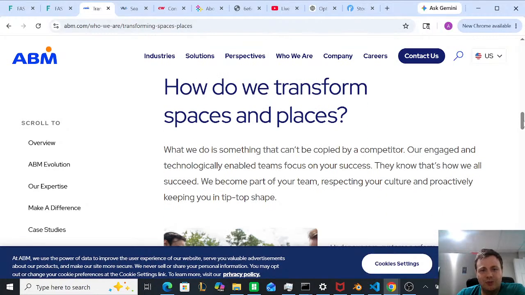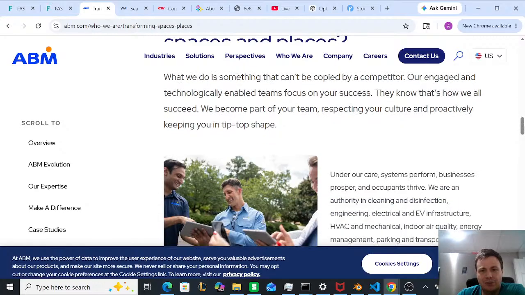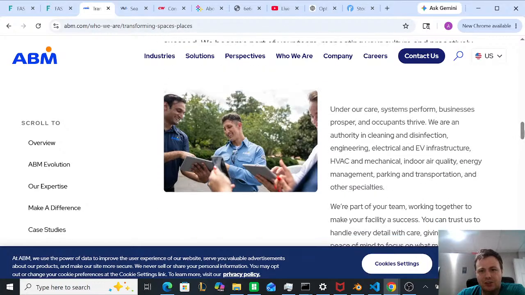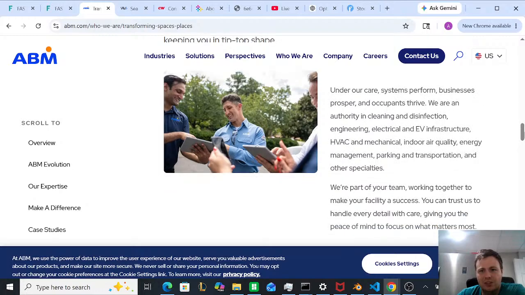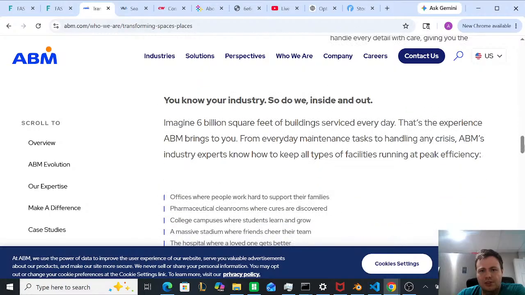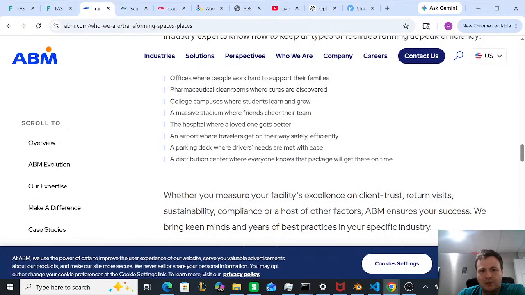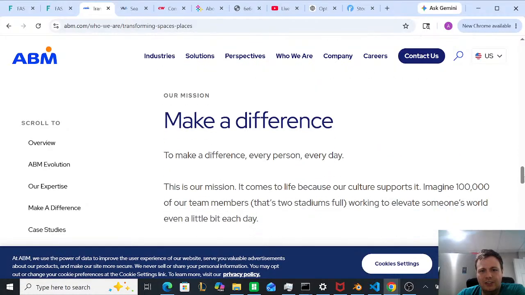How do we transform spaces and places? Engaged in technologically enabled teams focus on your success. Become part of your team. So they're like consultants.